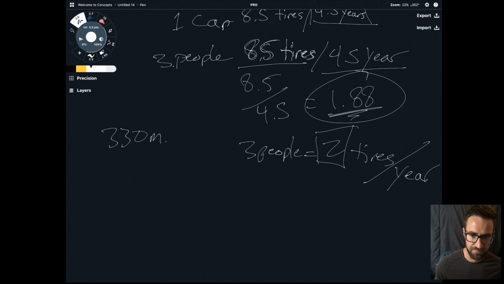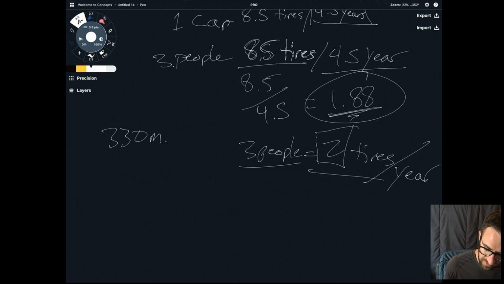Now the answer is simple. Every 3 people, there's 2 tires per year. And that leaves us with some simple math. So 330 million people divided by 3 gives us the number of cars on the road, right?